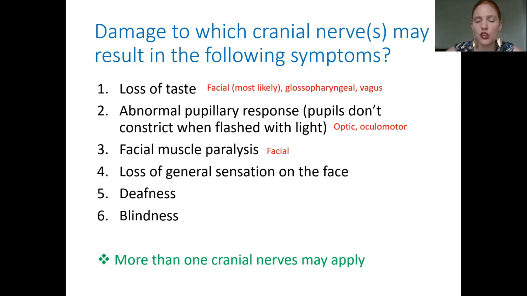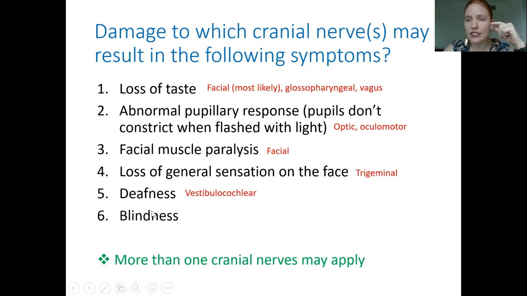Starts with a T. Trigeminal. So the trigeminal nerve brings sensory information towards the brain. Okay, so again, touch. Deafness. Ooh, deafness. Okay, so there is one nerve that carries both equilibrium and hearing. So that would be the vestibulocochlear nerve.